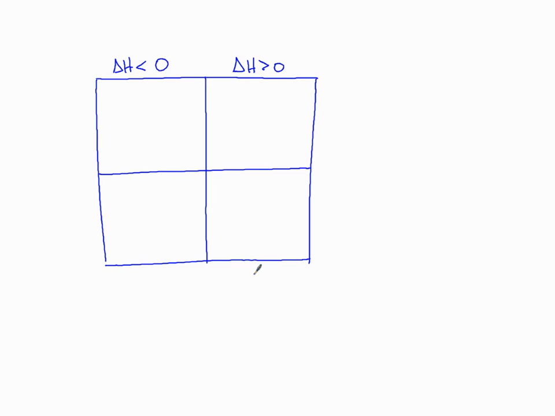And we're going to pair that up with delta S. So delta S greater than 0 for the top row, and delta S less than 0 for the bottom row. What happens when enthalpy is less than 0 and entropy is greater than 0?